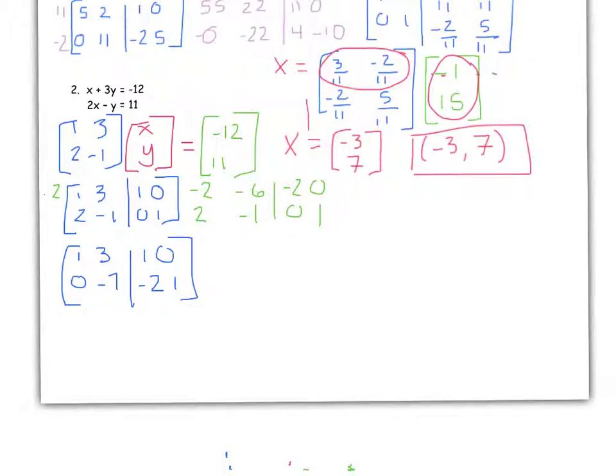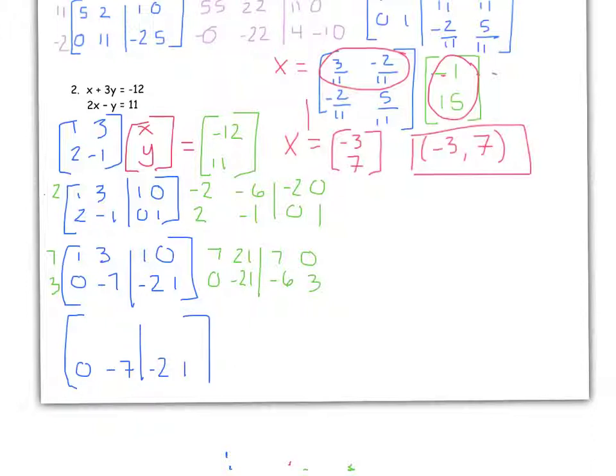Alright, now I'm going to try to get a 0 in the second column, the first row. So I think I'll multiply the first one by 7, the bottom one by 3. We got 7, 21, 7, 0, and then 0, -21, -6, and 3. I'm going to leave the bottom row the same this time. And the top row, when I add together, I get 7, 0, 1, and 3.